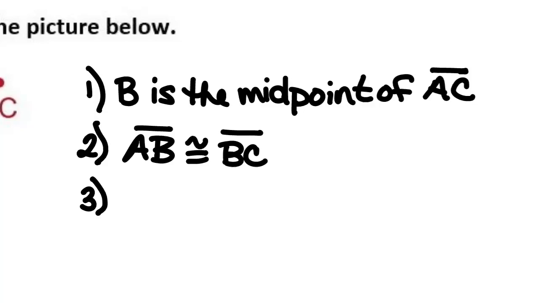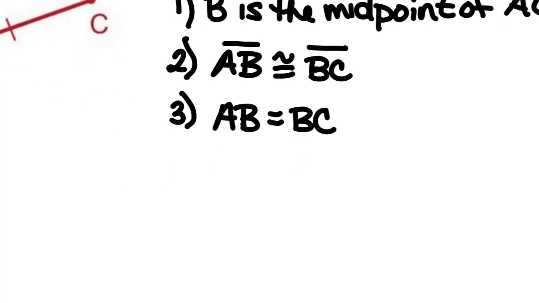If the segments are congruent, what else do I know about those segments then? The measurements of them are equal. So the measurement of segment AB is equal to the measurement of segment BC. Whether I have a midpoint in the picture or not, when I have a segment that has 3 points on there, what can I say?